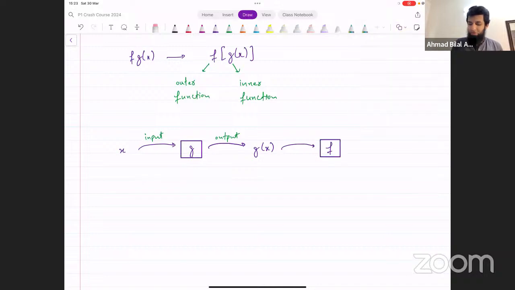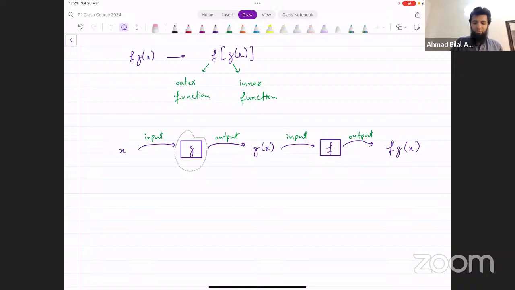That's the second function that you've got. Now g of x is going as an input to that function, and f gives you an output. F applies some operation on g of x and gives you an output. That final output is f of g of x. That's the final result that you get.